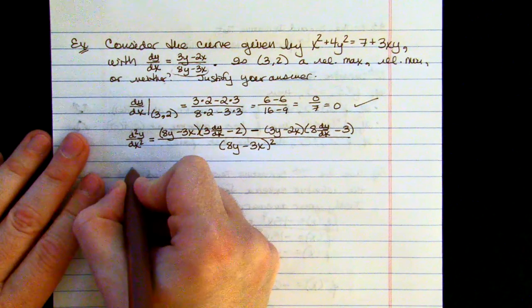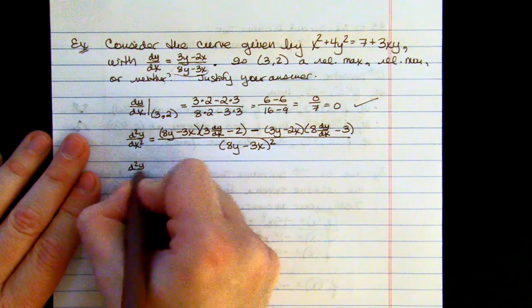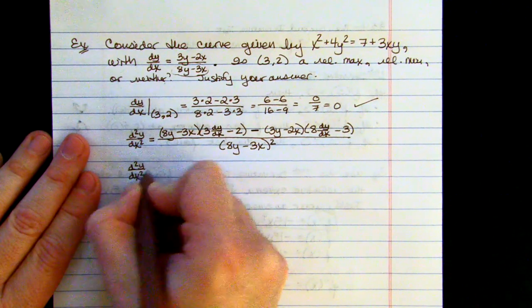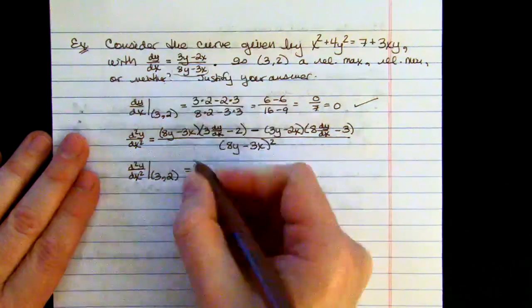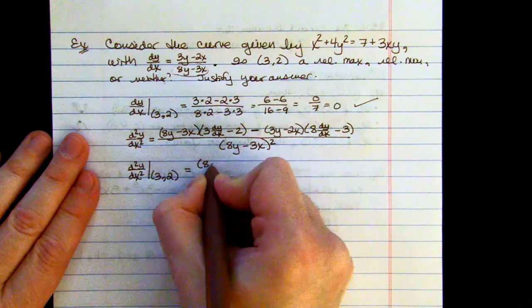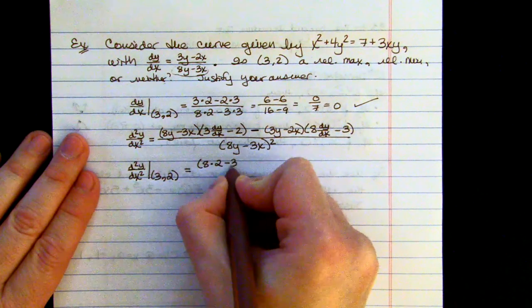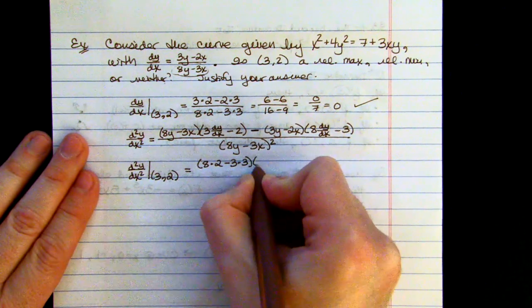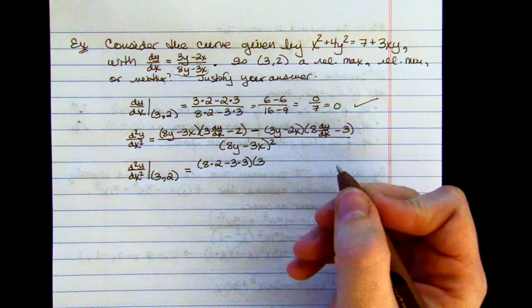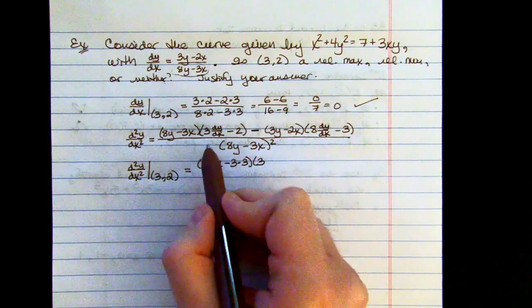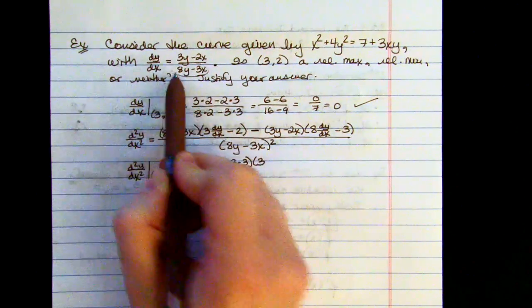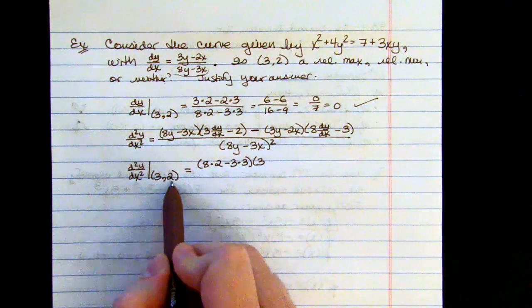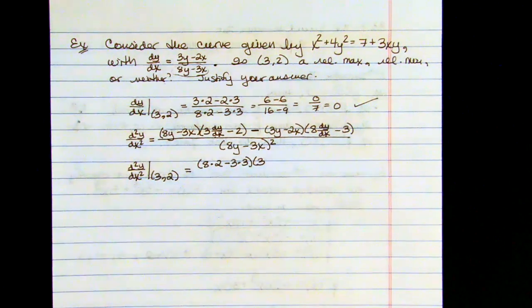Now, I want to see what happens when I plug into this. I want to go plug in my (3, 2). So I'm going to get 8 times 2 minus 3 times 3 times 3, oh, wait a minute. I need to plug in dy dx. Actually, I don't have to plug in my formula. I already know at (3, 2), what's the value of dy dx?